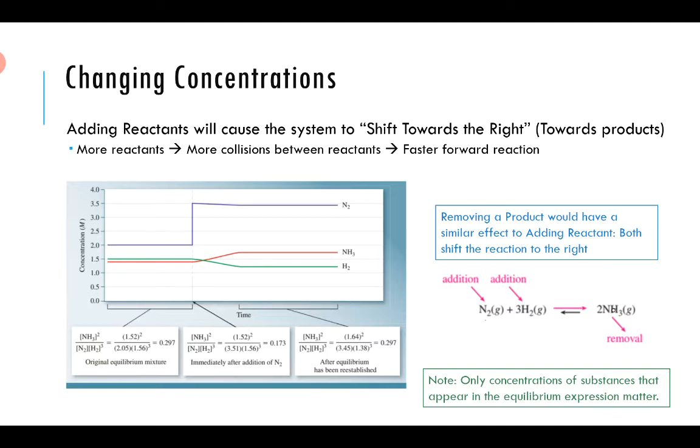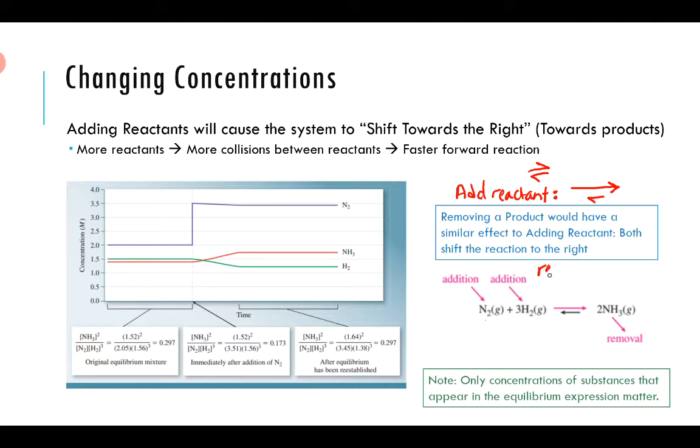Similarly, we could achieve the same effect by removing NH3. So if we're at equilibrium and we add reactant, that's going to speed up the forward reaction and keep the backwards reaction the same initially.